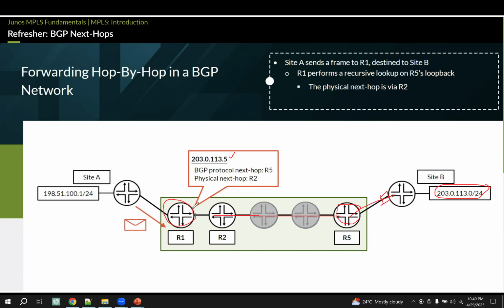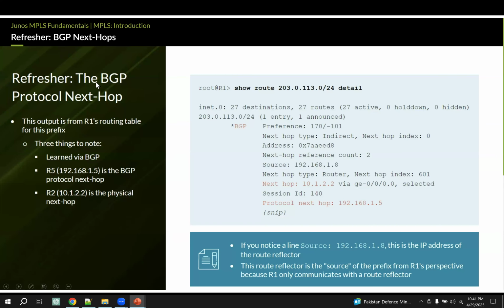When I check from this router, I'm getting the next hop as this one, but I'm getting the prefix from this physical path. So IBGP doesn't change the next hop automatically, but eBGP can change the next hop automatically. That is the reason. So you need some treatment or some solution to overcome this issue. So this is the next hop problem, the BGP protocol next hop.